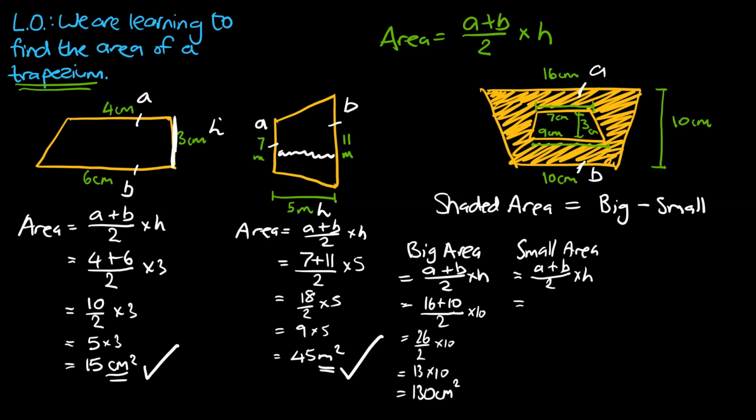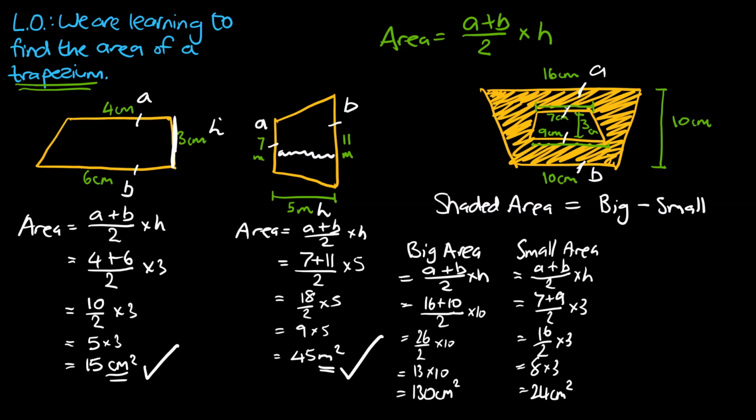We've got to figure out which ones are the parallel lines. Again, it looks like it's the top and the bottom. But just a reminder, it can be the two sides. So that's going to be 7 plus 9 divided by 2 times 3. That there is 16 divided by 2 times 3. That there is 8 times 3, which is 24 centimeters squared.